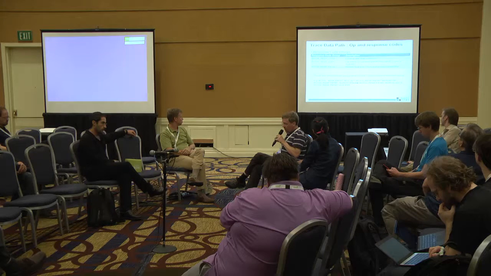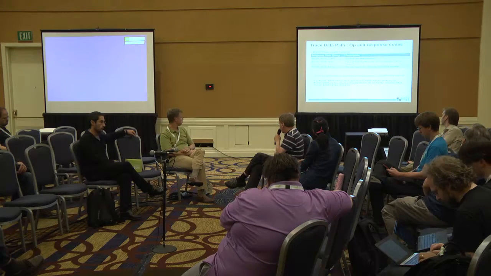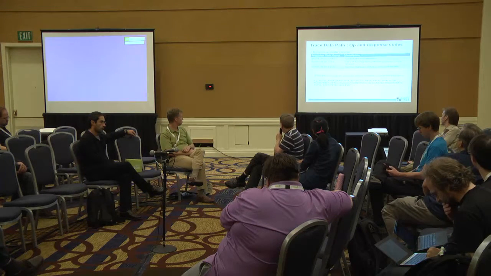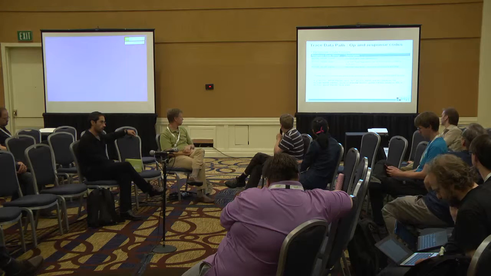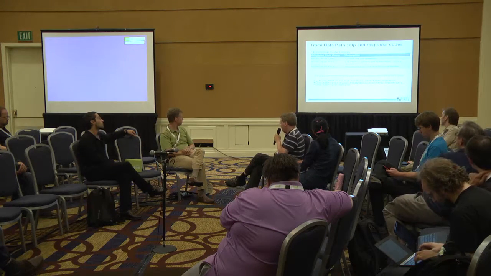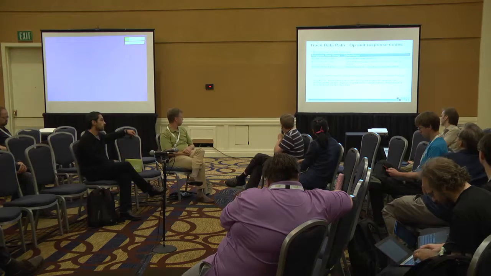The analysis program and the components within the data path can provide the feedback, as we've mentioned. The response codes are grouped into continue, that's fine, we can do more data. Wait, which is, as I mentioned, we need to stop processing for now.